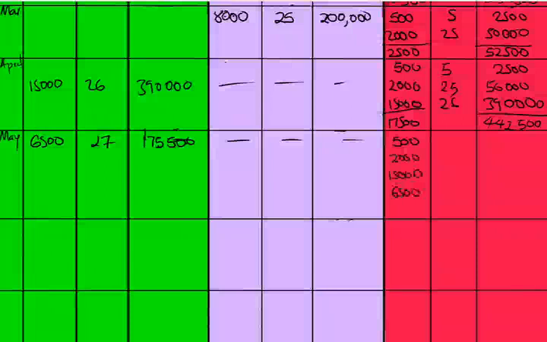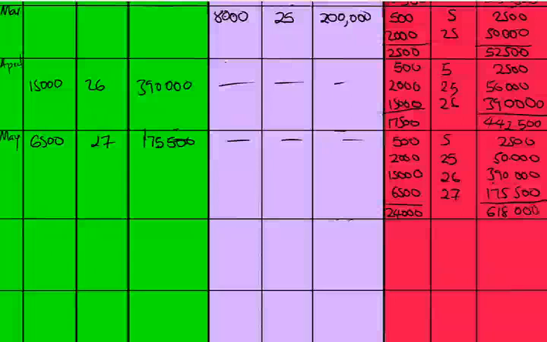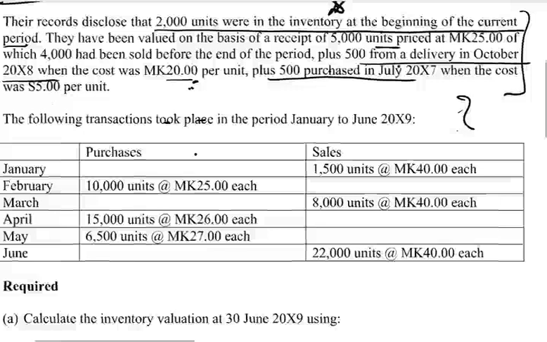If you add all that, you should find 24,000 units. Now let us look at the value. This is 5, this is valued at 25, this is at 26, and this one at 27. So this is 2,500, this one 50,000, this one 390,000, and this one 175,500. If you add up all that, you should find a value of 618,000. That's in May.